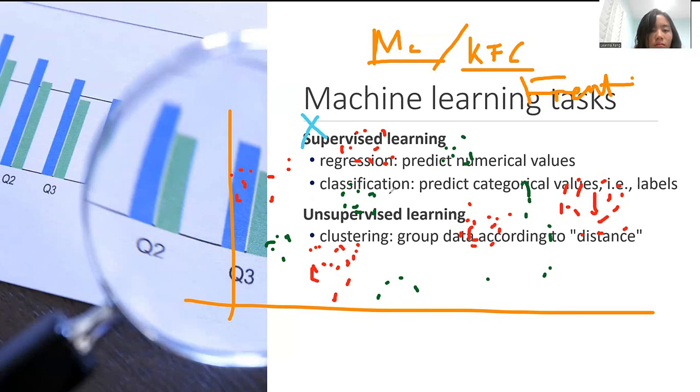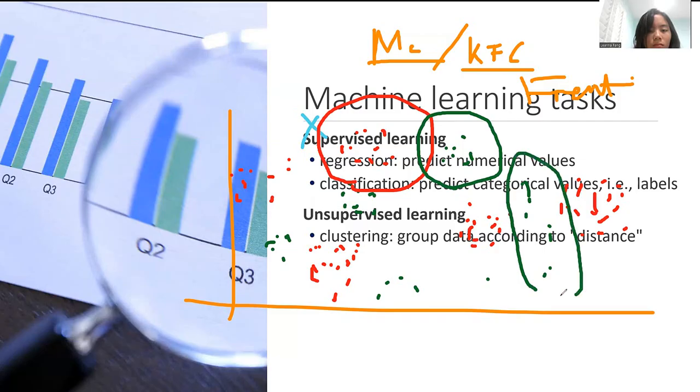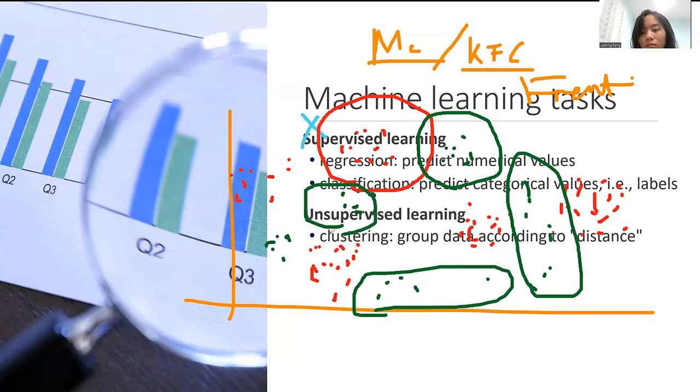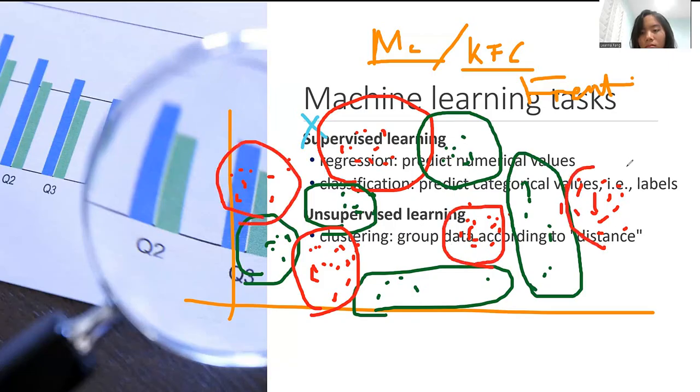So before I do that, I need to group my data of my KFC and my McDonald's. Okay, let's assume that we do clustering like this. Based on that, we come up with a division line. So this division line comes up.